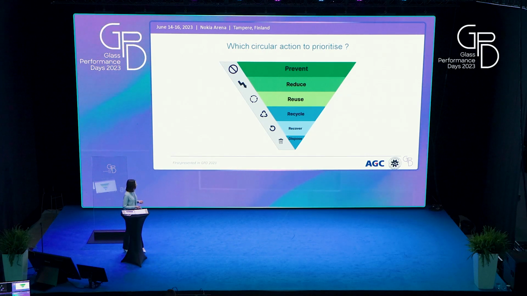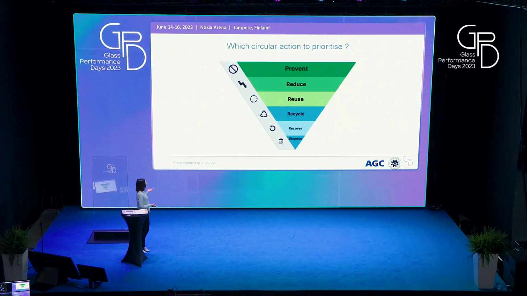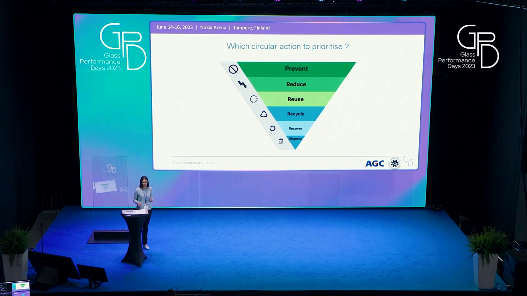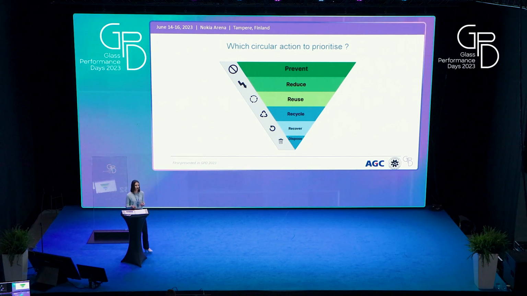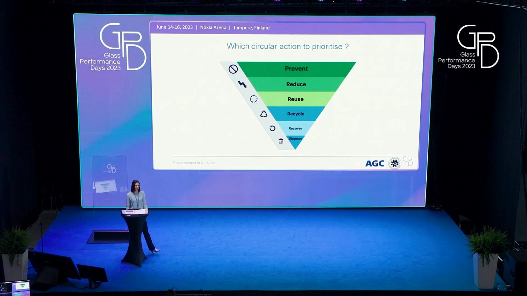This triangle would suggest to prioritize, for example, reuse and waste prevention over recycling, recovery, and disposal. Although when we speak about recovered glass, recycling is the most widespread solution, maybe we should try to do more than this.